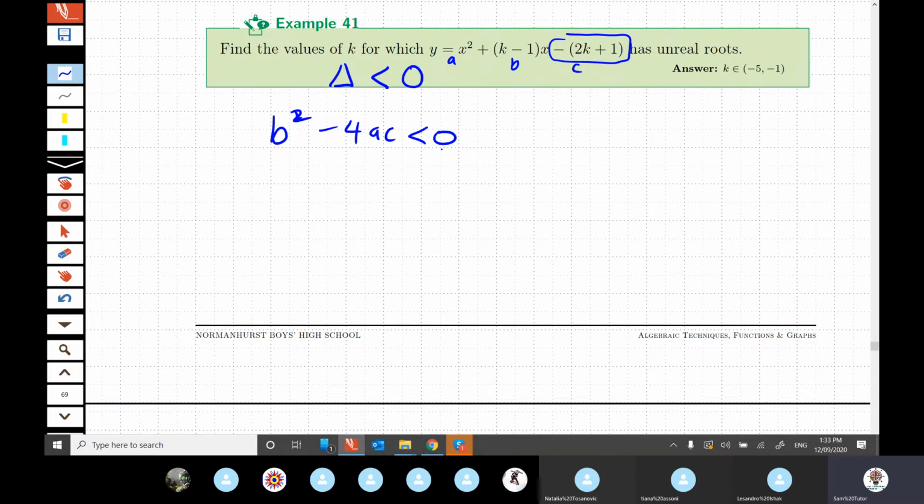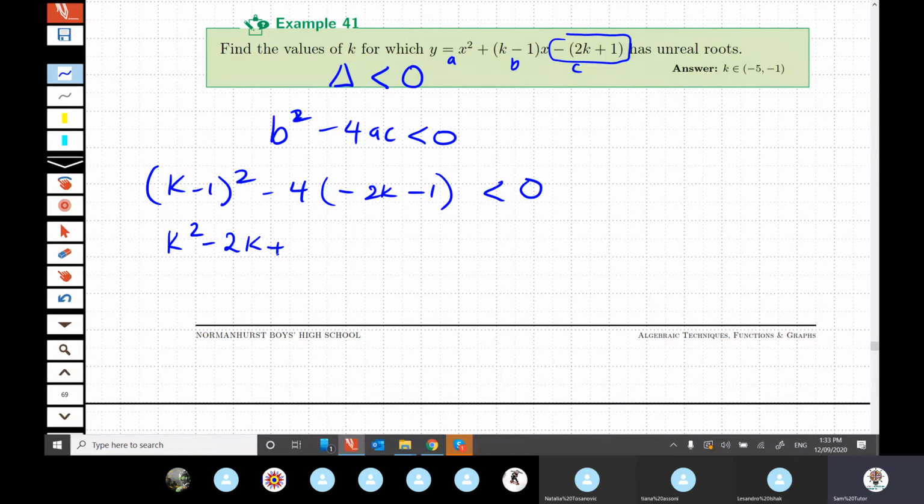B squared minus 4 times A times C. I'm just going to expand it at the same time. Less than 0.